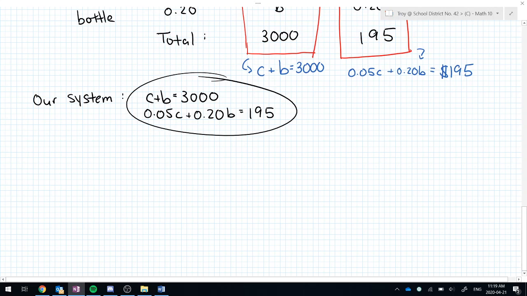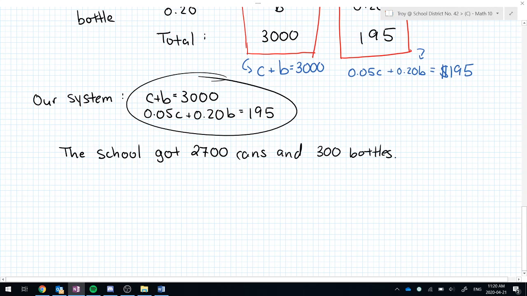So what I'll say is the school got 2,700 cans and 300 bottles, and I'm going to say use this information to verify your system.